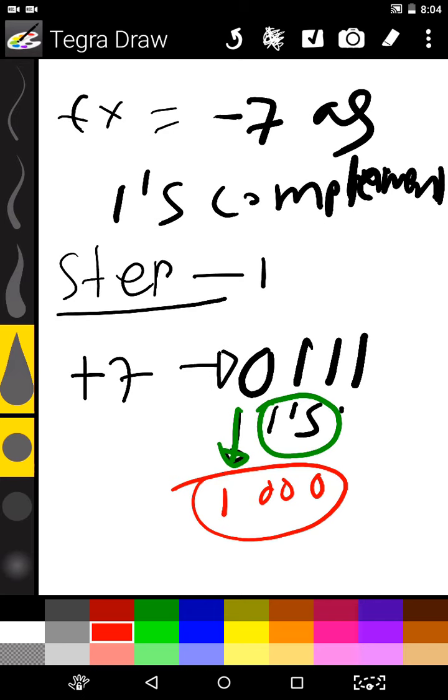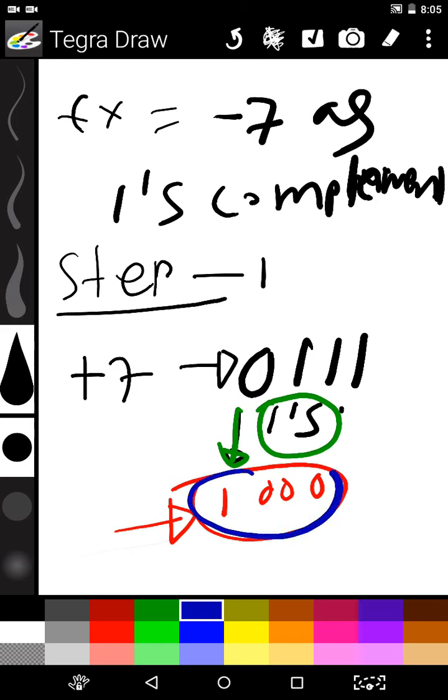If we use the 1s complement method to represent -7, then the digital representation of -7 is 1 0 0 0. This is the signed magnitude representation of -7 in 1s complement.